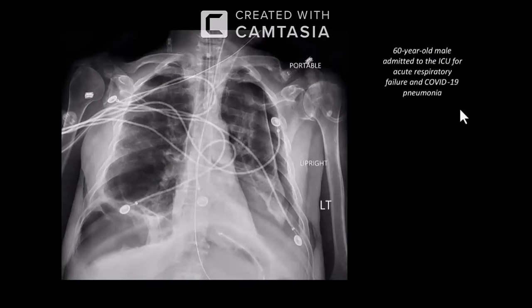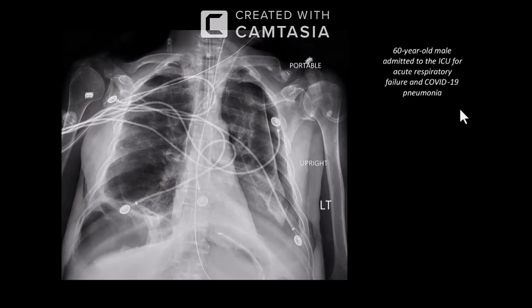I'm not suspecting any bone injury because the history is of COVID, and I also noticed that there is some soft tissue swelling noted on the right side of the hemithorax, which I am really suspicious of. However, I'm not able to see any lucency in that soft tissue along the right lateral chest wall.